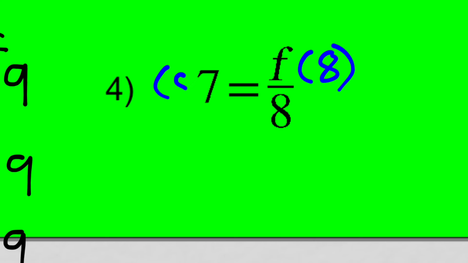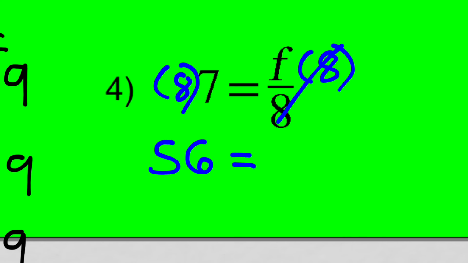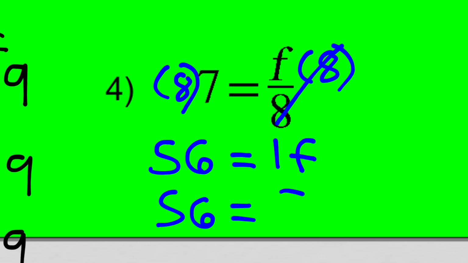And do it to both sides of the equal sign. 7 times 8 is 56 equals 8 on top and 8 on the bottom are just canceling. 8 divided by 8 is 1f. And that's what I want to show, the value of 1f or just f.